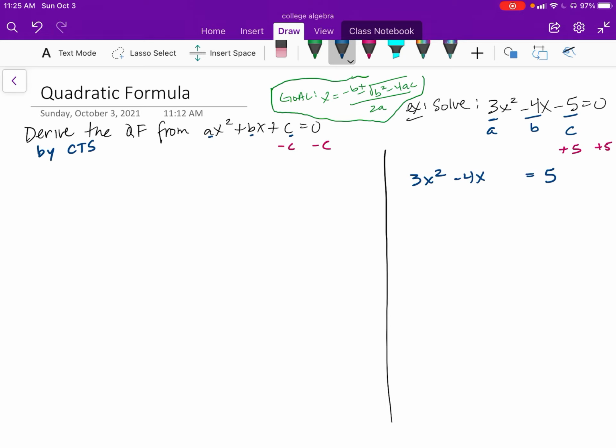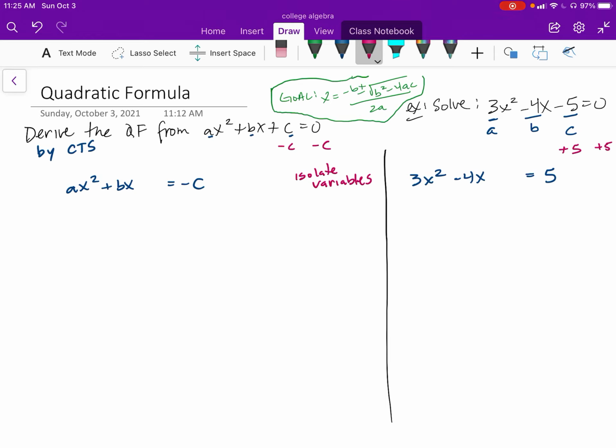We're going to subtract c. So we have ax squared plus bx equals -c. So our goal was to remove the constant term. I'm going to keep notes as we go. Really what we're doing is isolating the variables, right? We're getting all the x's on one side and all the constants on the other.